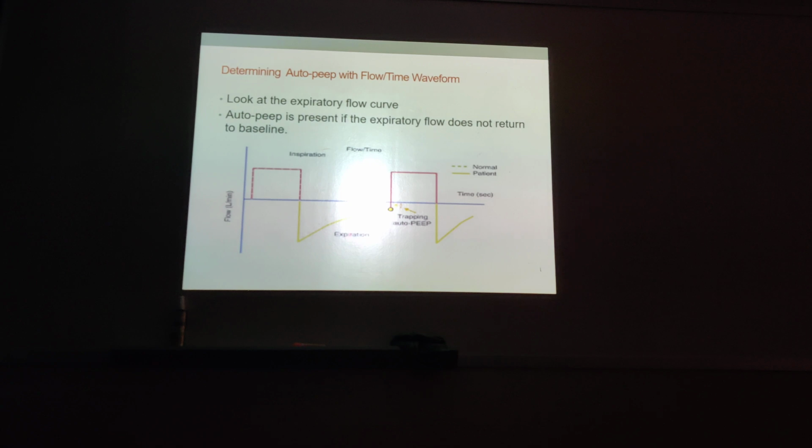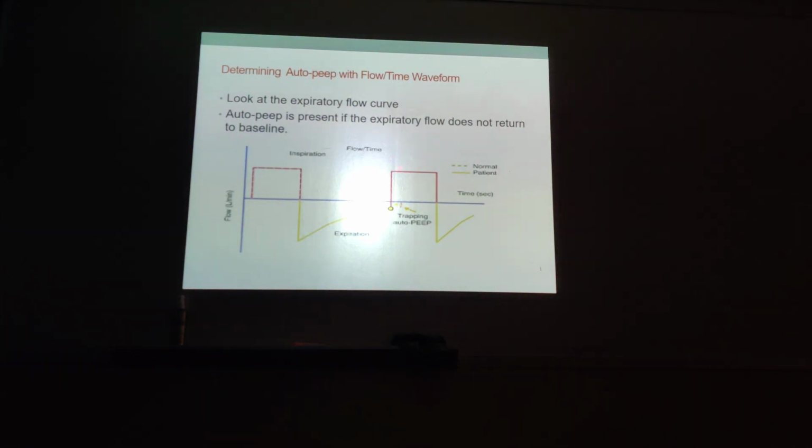This exhalation curve must return to baseline before the next inspiration. If the expiratory flow does not return to baseline before the next inspiration, then the patient is air trapping. So this will be air trapping when you see something like this, because it's supposed to go all the way up here before the next inspiration.